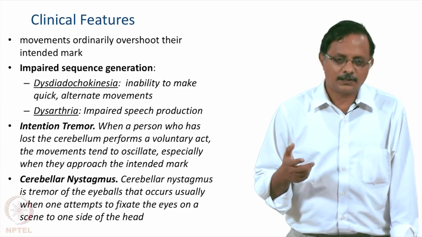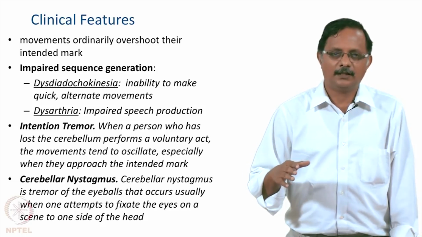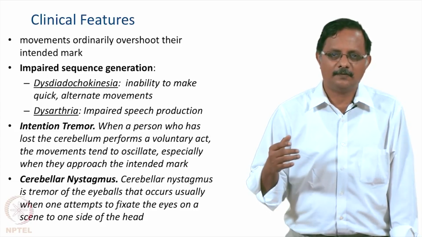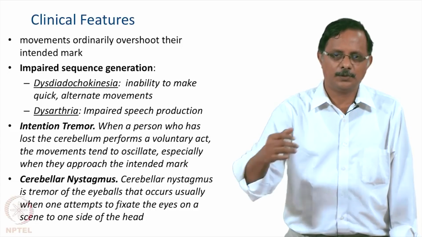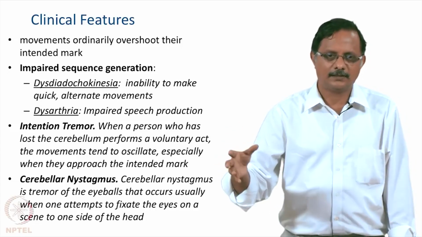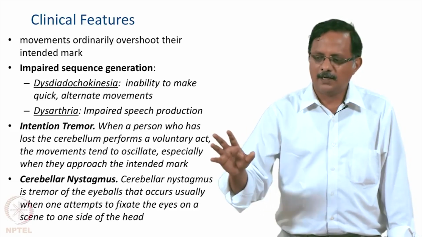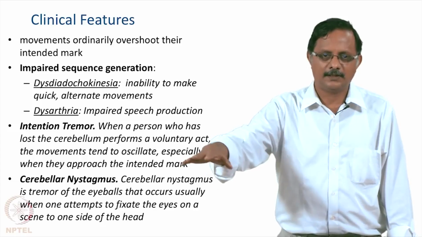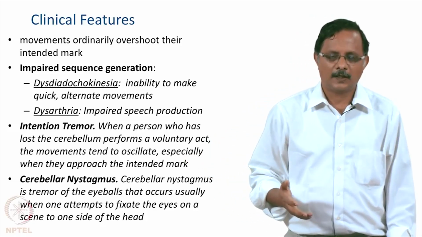Cerebellar lesions also give rise to intention tremor. It is a kind of shaking which gets intensified when the person reaches the intended goal position. Suppose you are trying to reach some object and there is a cerebellar lesion, and the person is suffering from intention tremor. Just when the hand is approaching the object, the tremor intensifies and the hands start shaking intensely.